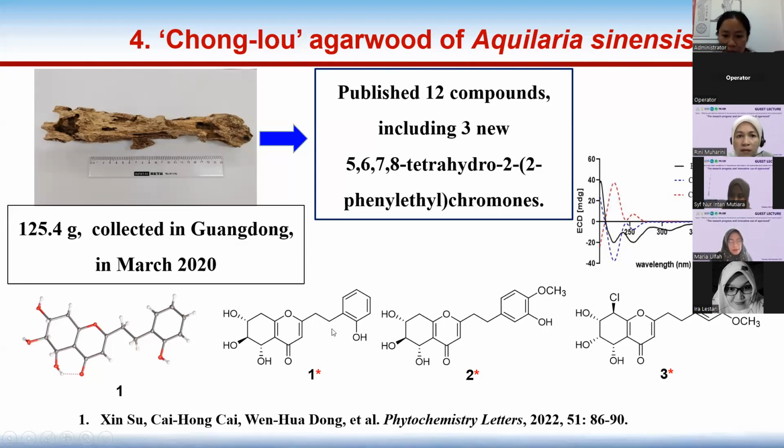And of this type of compound, until now fewer than 20 have been reported. Therefore, it is probably a chemical characteristic for Chonglou agarwood. But further chemical composition studies are still necessary to confirm this result.